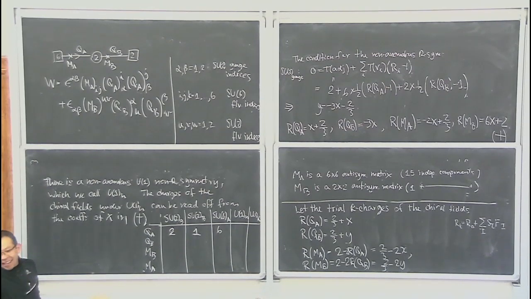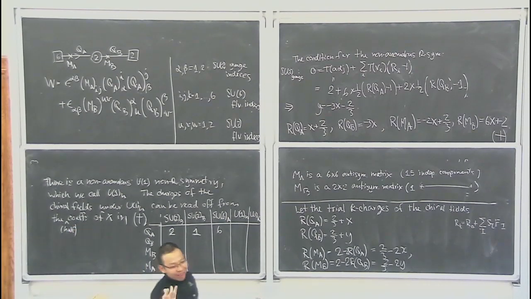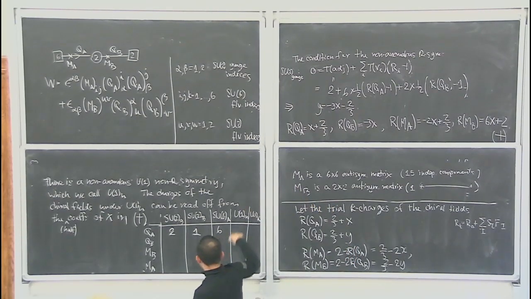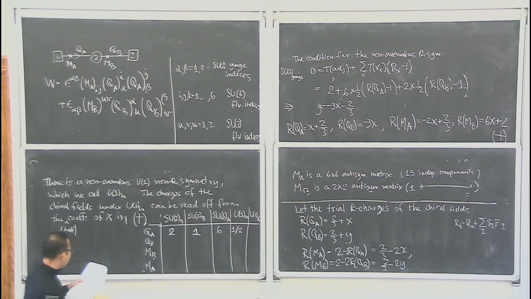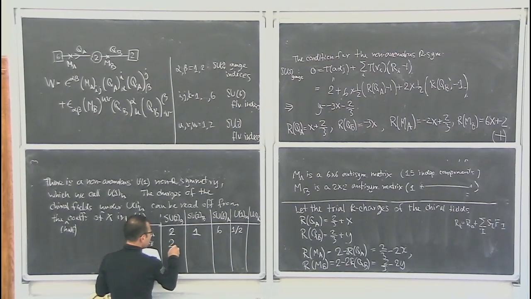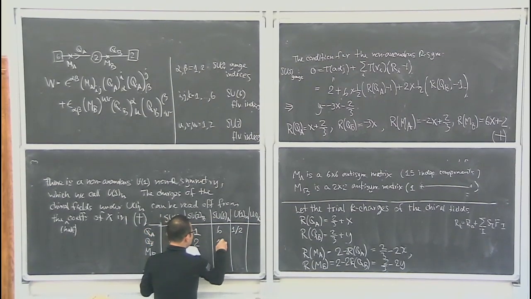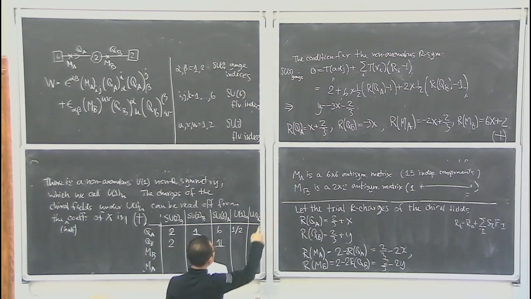Let me normalize it like in the original paper, half of the coefficient. The authors choose to normalize it by 1/2, but this doesn't matter for me. I can choose the original value. So QA is 1/2. Okay, QB gives two, a singlet, and you see that it carries charge from QB, so you have minus 3/2.